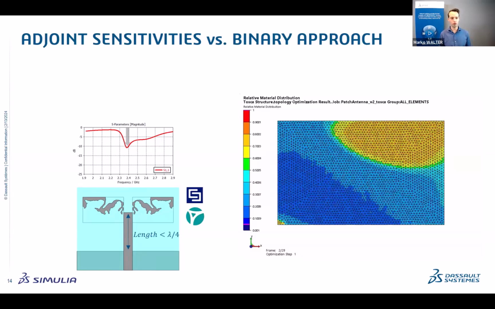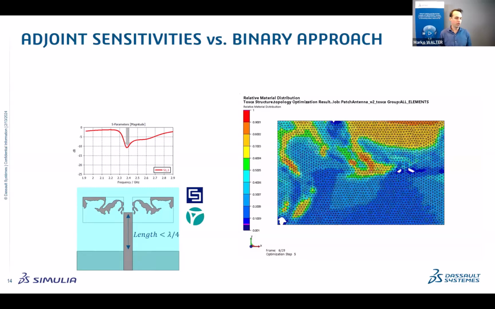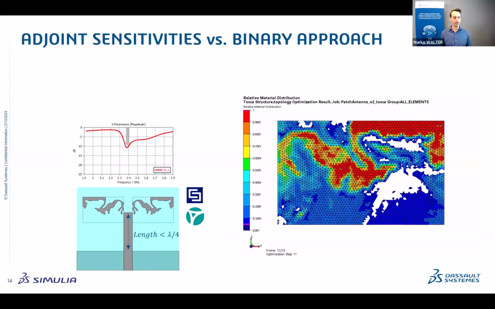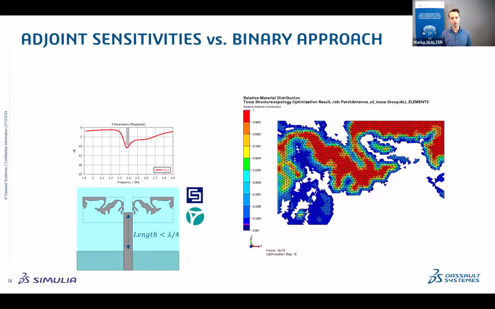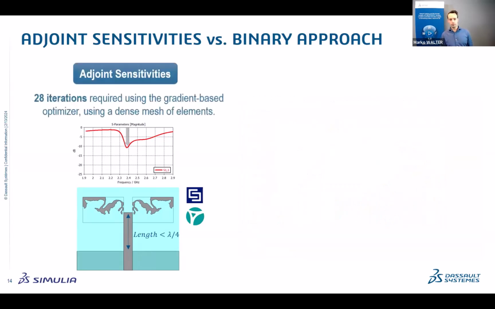And again, this is where you would do an ISO cut at some value. The default is 0.5 essentially, and then you get the picture on the left bottom corner. Now in this case it took just 28 iterations to do this gradient-based optimization with a fairly dense mesh as well.